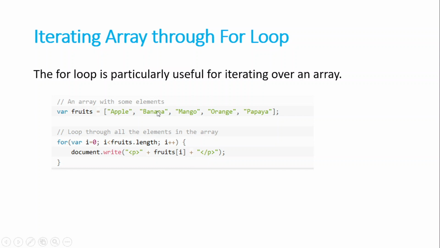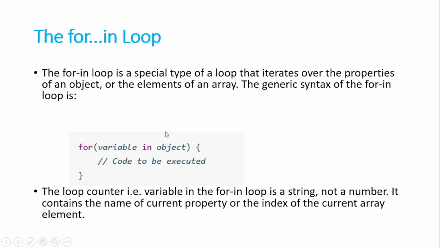That's why you can get all the indexes, and those indexes will always be less than fruits.length. If i becomes greater than or equal to the length of this array, then this block will stop executing. This way you can iterate over the elements of an array. This is the easiest solution you can use.